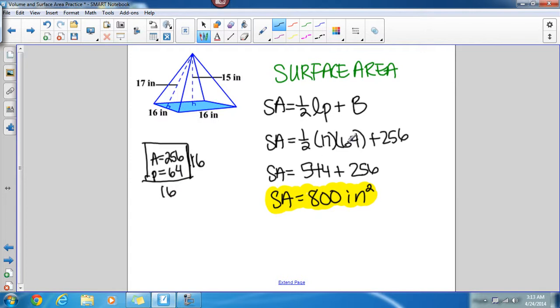Plug the 64 in for P, the 256 in for B. I get a slant height of 17, because I don't want the height, this is the height, not the slant height. So I want the slant height. So half times 17 times 64 gives me 544 plus 256. Add those two things together and I get 800 inches squared.